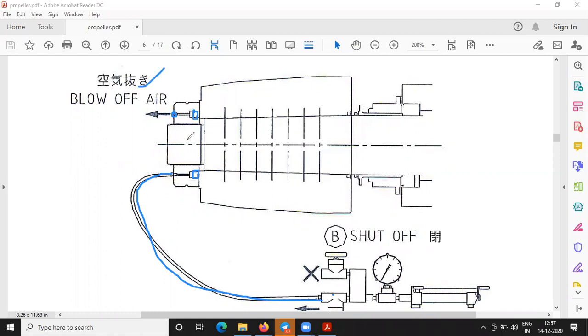Now what happens as we start increasing the pressure, similar to hydraulic jacks. We have this as a hydraulic jack. This is the threaded portion.